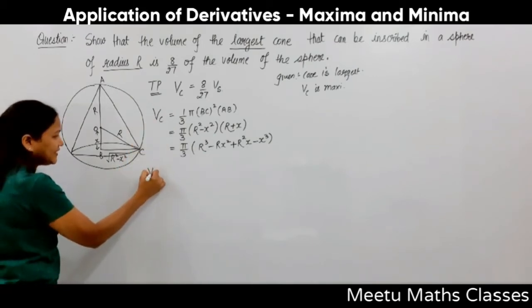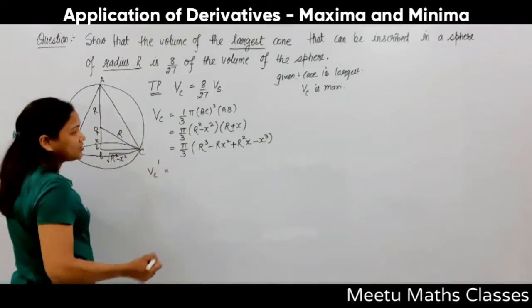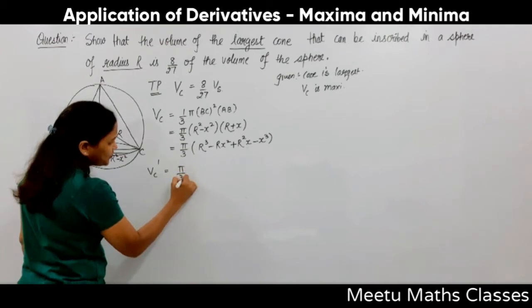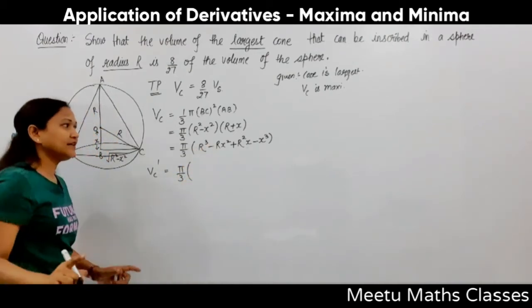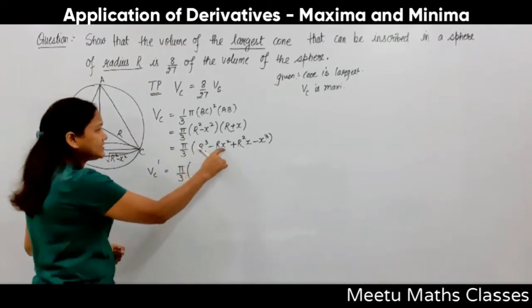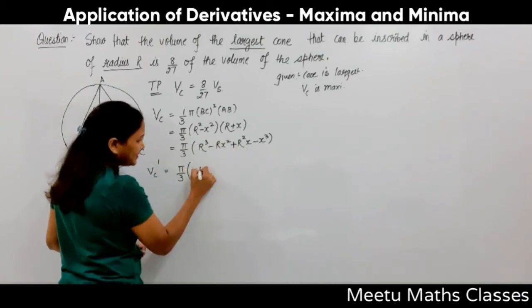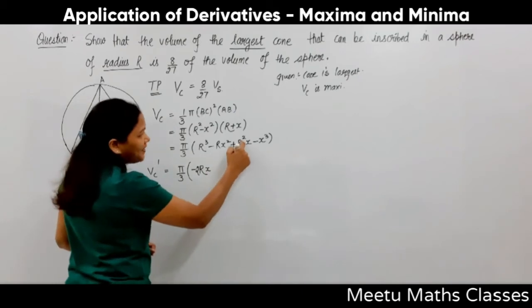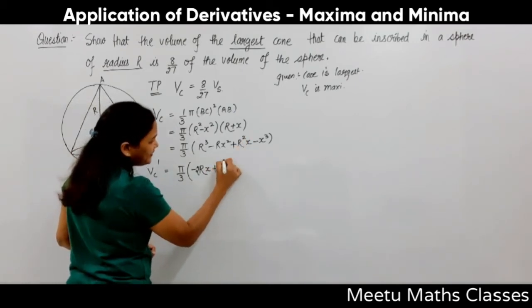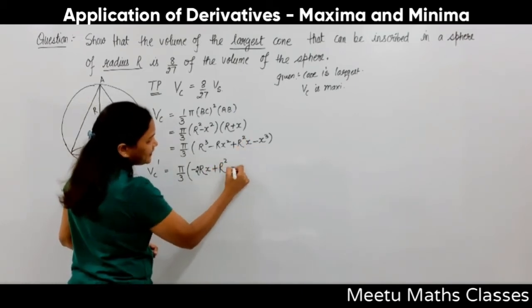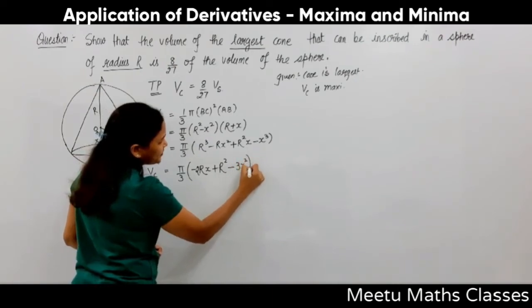Now let us take its first derivative. The first derivative will be: the derivative of r cube is 0, minus r x square gives minus 2 r x, plus r square, the derivative of x is 1, minus 3 x square.